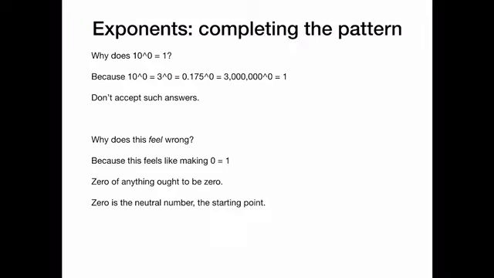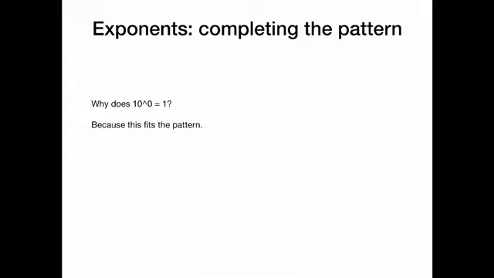It seems that 0 ought to be the neutral starting point, and the neutral starting point to anything in mathematics seems to be 0, just as when you turn your calculator on, it shows you a 0 as a sign that it's ready to begin. Now, to begin on an answer, why is this true?